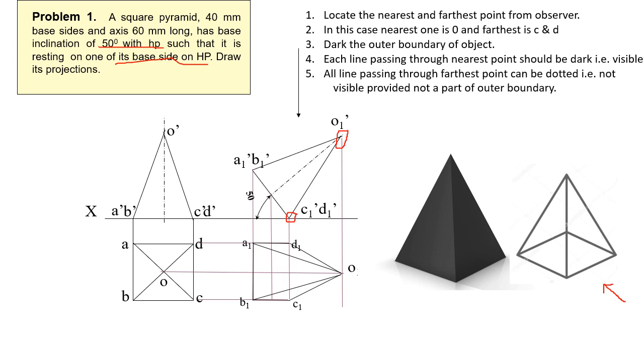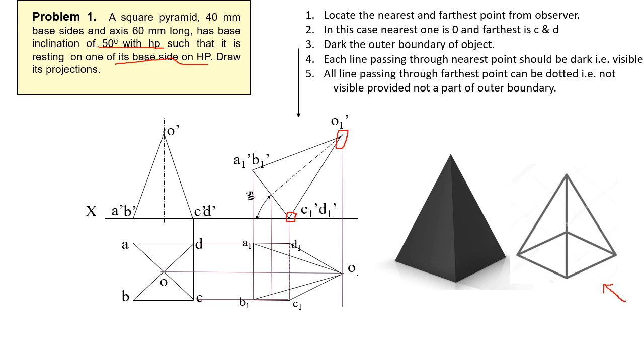Then CD, BC and AD. Okay, BC and AD, you can see here, again these are the outer boundary, so they cannot be dotted. So which line is left? CD. Now CD is an inner boundary. It is not the outer boundary, so it should be dotted.